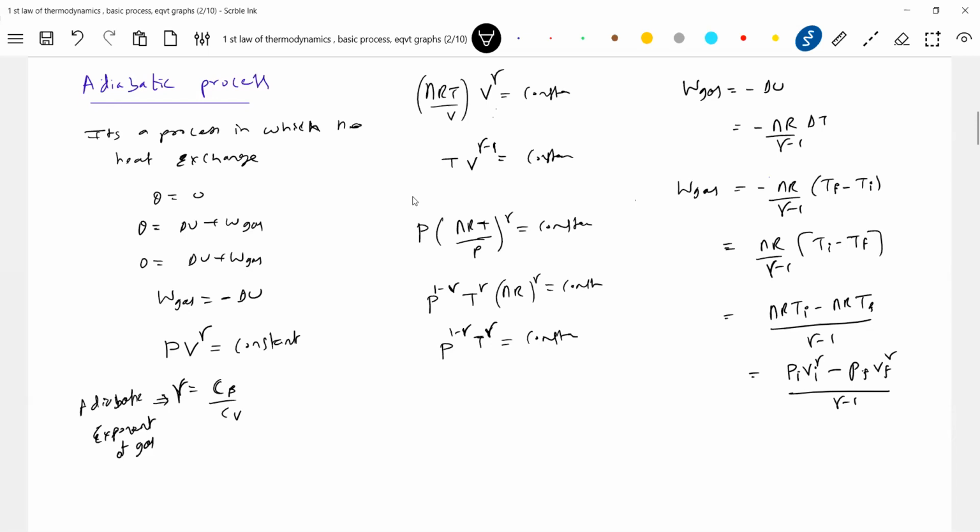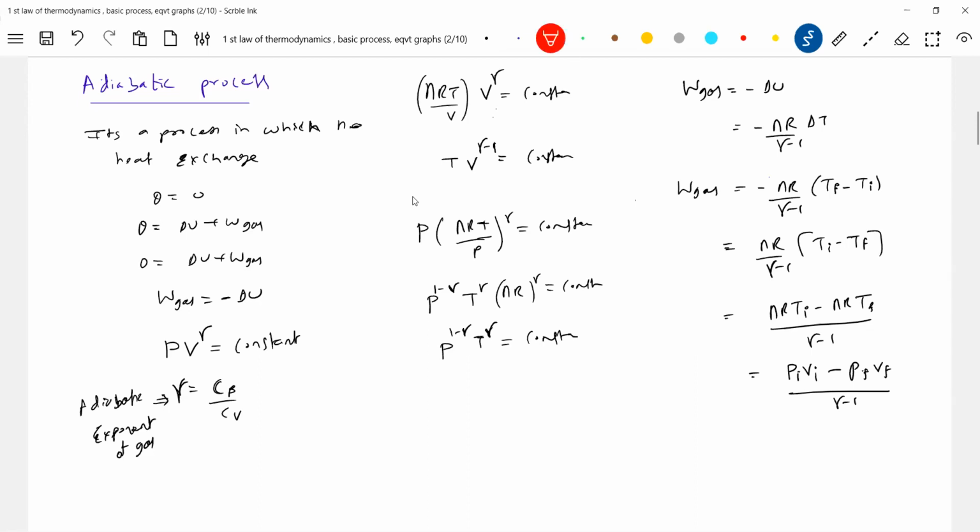Shall I write Pi Vi to the power of gamma, or Pi Vi? It's the ideal gas equation, no? So the gamma will not come. Fine. PV equal to nRT.